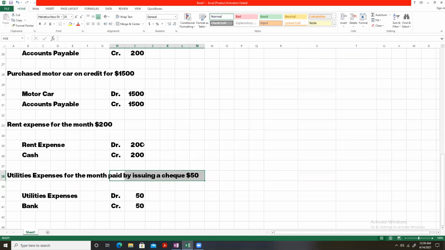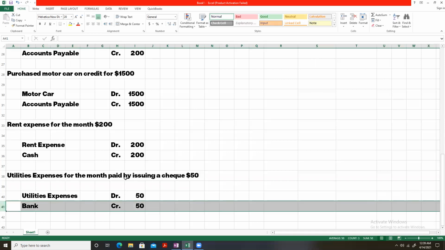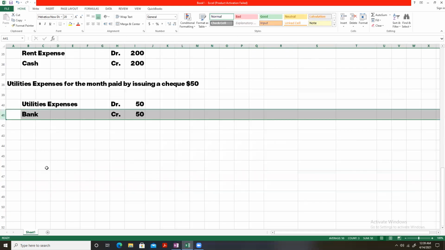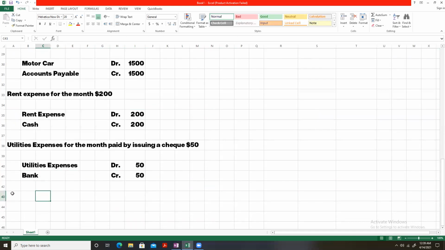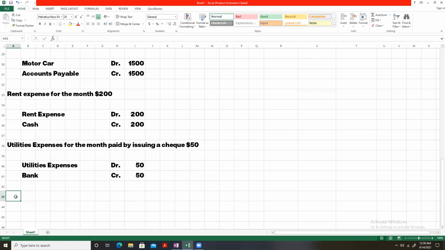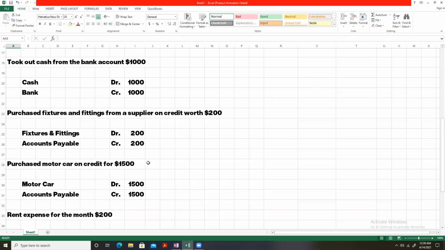The check will be presented to the bank, and the bank account balance will reduce. So the bank account will be credited. Bank account is an asset. Bank account will reduce. So we will credit the bank account $50.